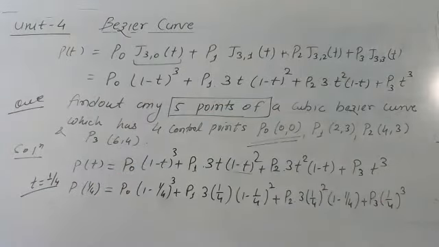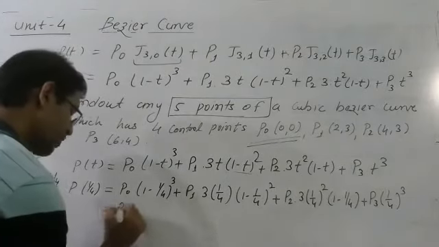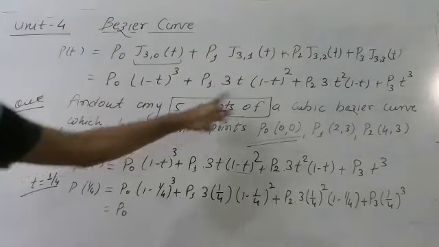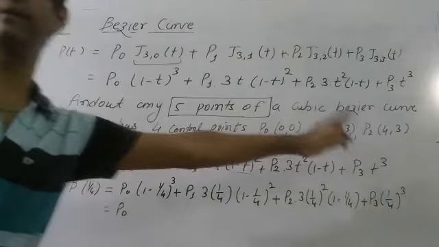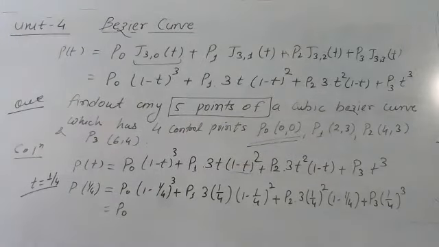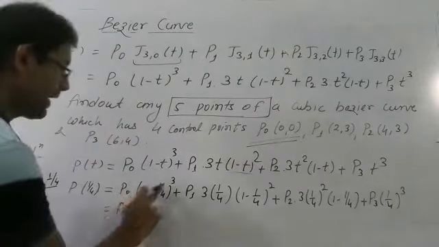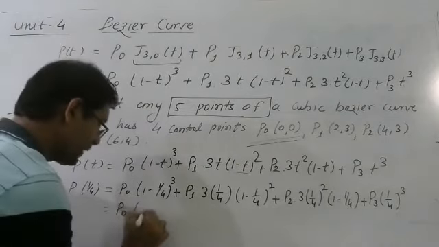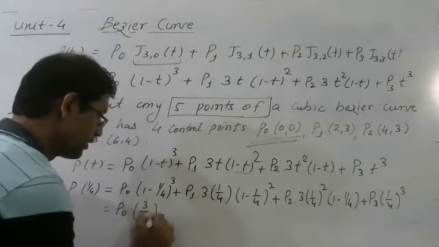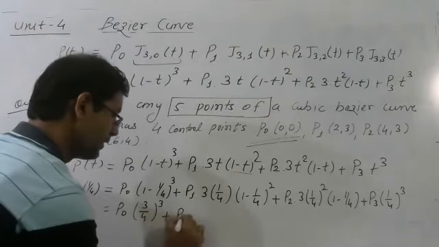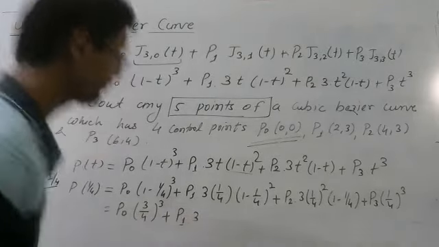Now I need to solve this equation. P0 is constant. I am not putting this value, that is 0, 0, 2, 3, now. We will put it at the last. P0 times (1 minus 1 by 4) will become 3 by 4 cubed, plus P1 multiplied by 3.